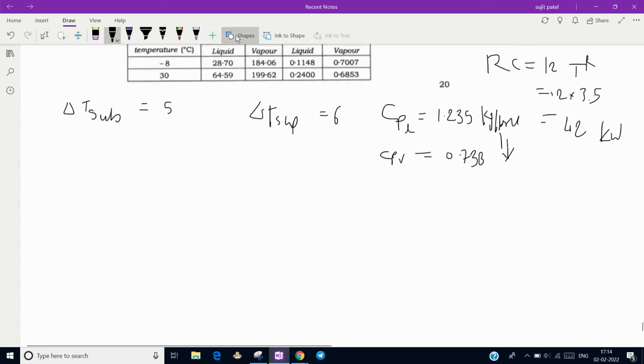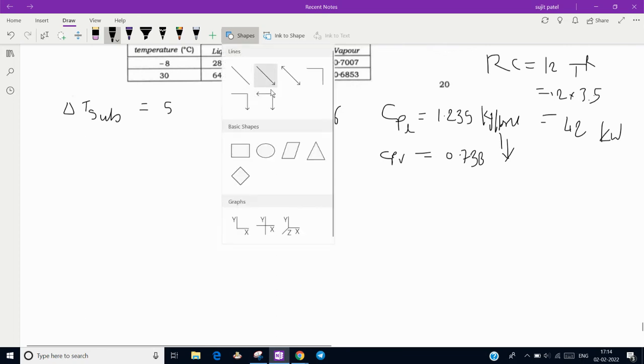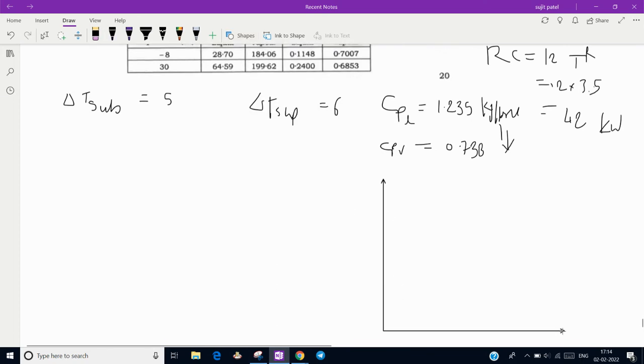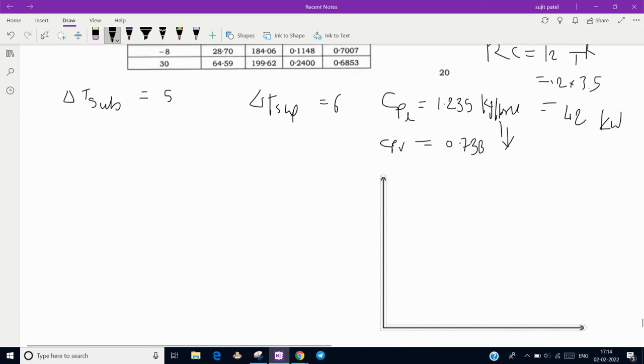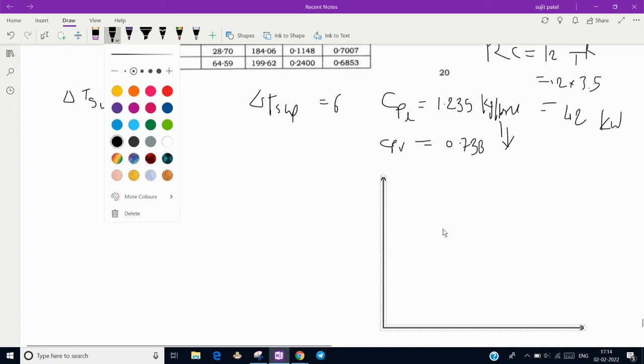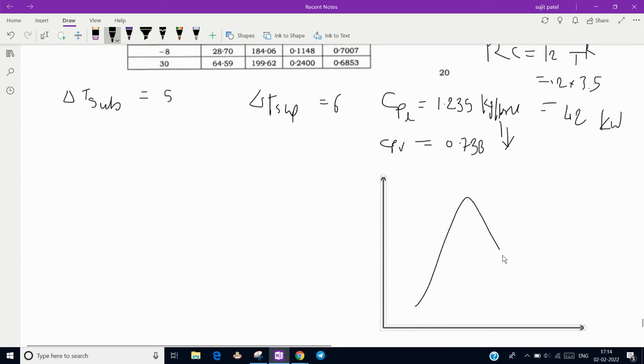First of all, let me draw the diagram here. I will draw the TS diagram of the refrigerant. If nothing is mentioned, then use the standard condition, but here it is mentioned that subcooling as well as superheating are there. This is evaporator pressure and this is condenser pressure.